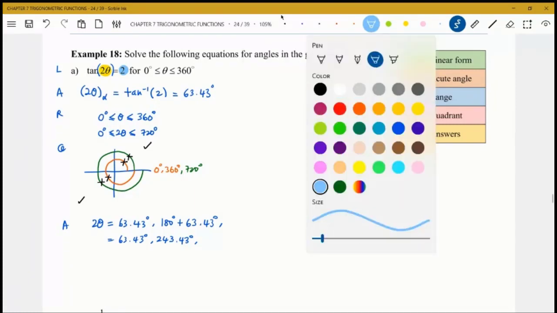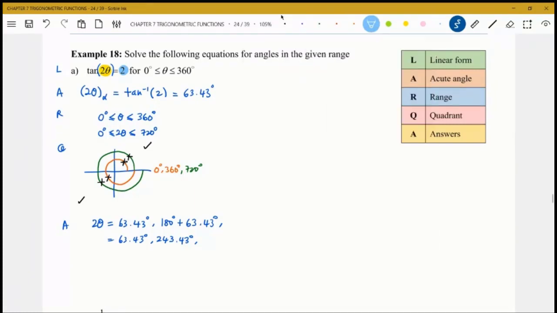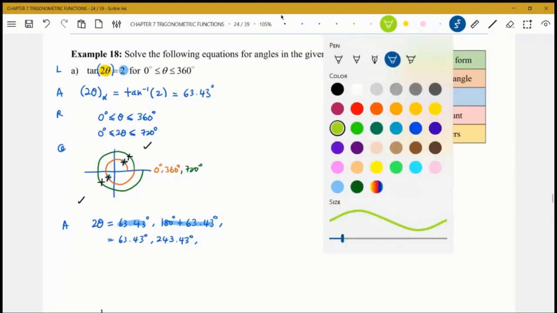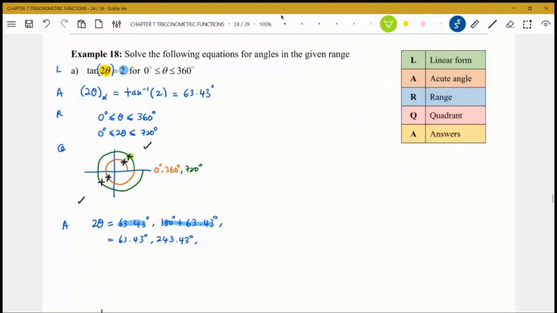Okay, kita ceritakan kejap. Untuk yang ini dan ini, okay, dua benda ni untuk yang biru. Okay, untuk dapatkan yang di sini dan di sini, kamu hanya perlu tambahkan dengan 360. Okay, so bermaksud di sini kita ada 63.43 degree tambah dengan 360.